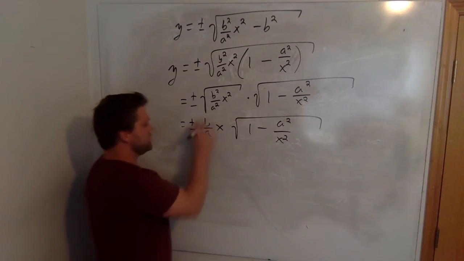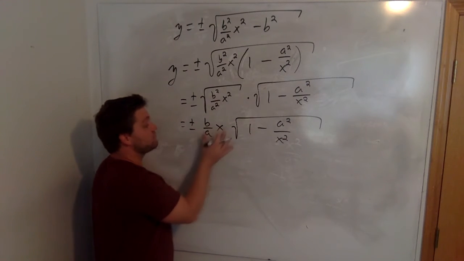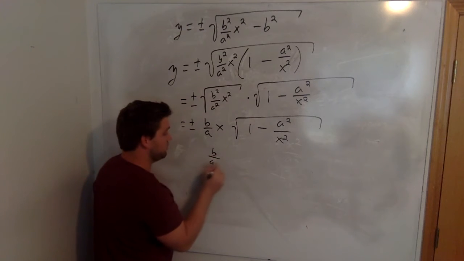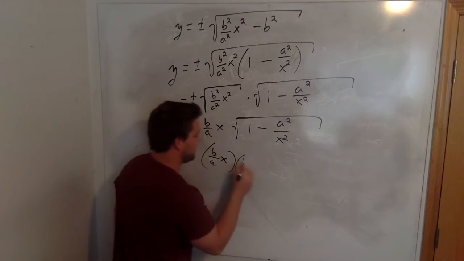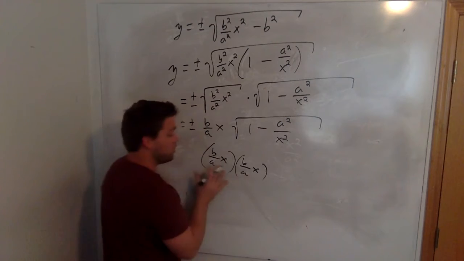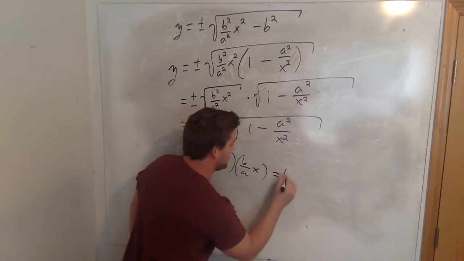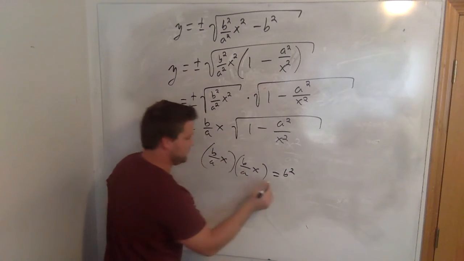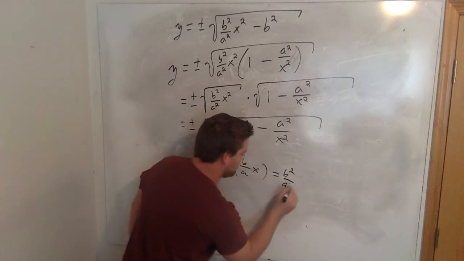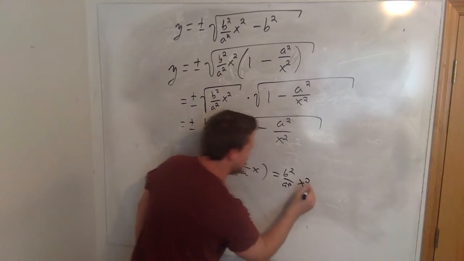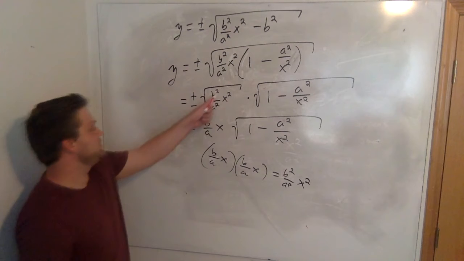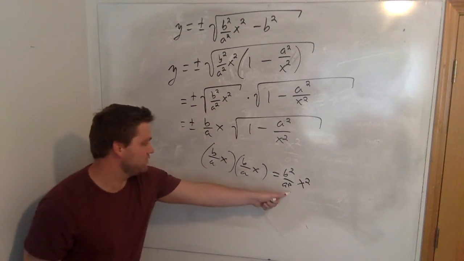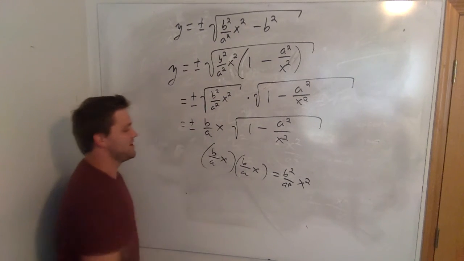The reason for that is if you multiply b over ax by itself, b over ax times b over ax, you're going to get b squared, a squared, x squared. So the square root of b squared over a squared times x squared will just be b over a times x.